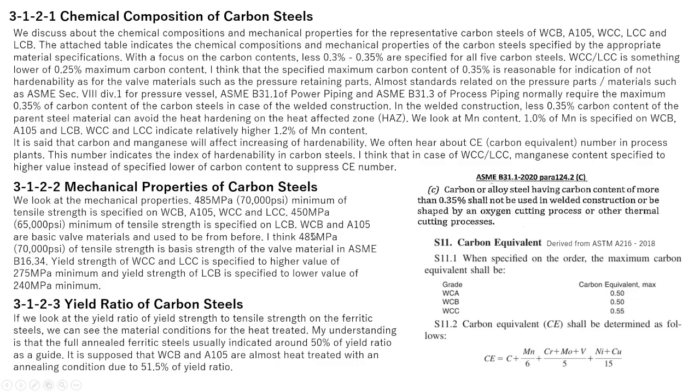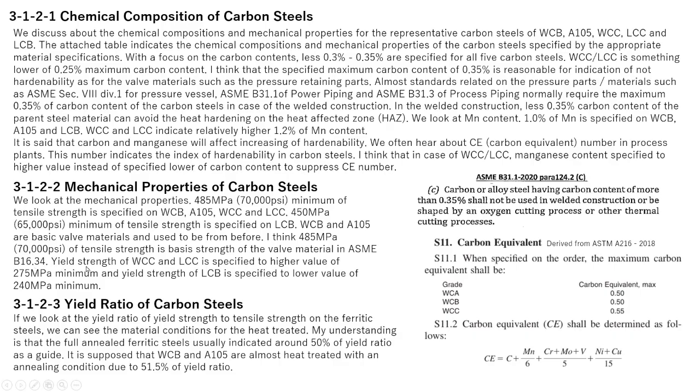WCB and A105 are basic barrel materials, and 485 megapascal, 70,000 psi tensile strength is the basic strength of the barrel material in ASME B16.34.